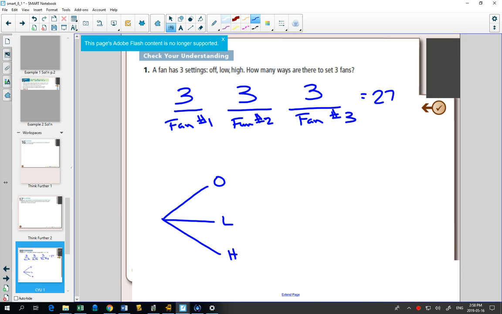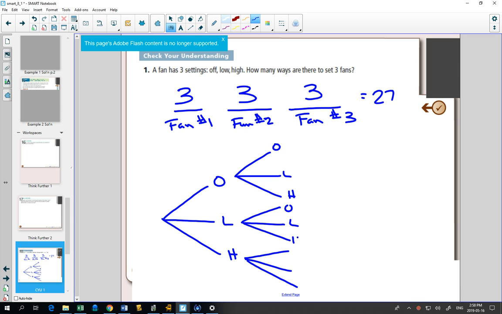Then, for your second decision, you have 3 choices off of each of these. Once I set my first one, it can be off, low, high, off, low, high, off, low, high for the second one. Because whatever I set my first one at, I still have 3 choices for my next one.